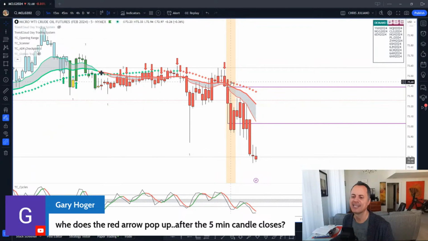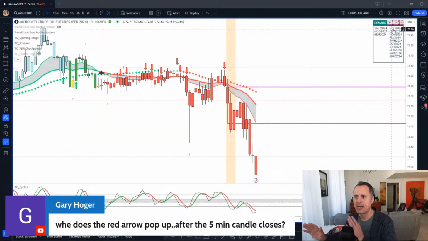Oh, okay. When the candle closes. Yeah, yeah. So as the candle is forming, Gary, you will see this arrow flash on and off. You'll see it flash on and off, and you'll say, "Oh, okay." And it will also show up on your scanner as it's doing that. So you saw how the NASDAQ was sort of flashing on and off in the scanner.